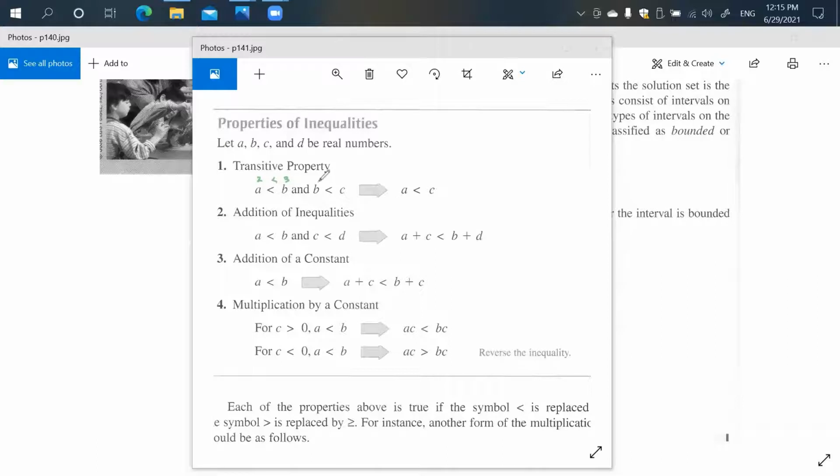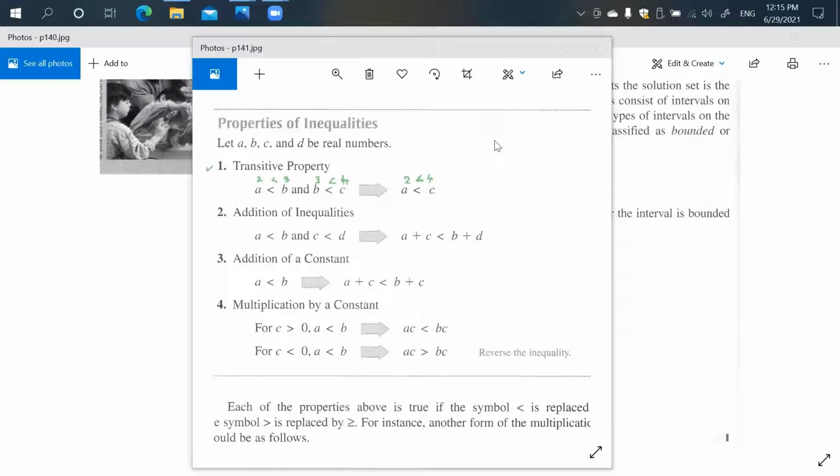Now I give you some numbers to compare so you can see clearly. B less than C means C can be any number bigger, so say 4. After this, the answer is A less than C. We have A is 2 and C is 4, so 2 less than 4. This one is true, correct? Okay, that's the first one.